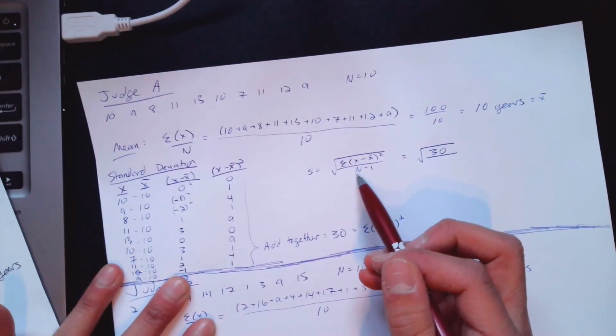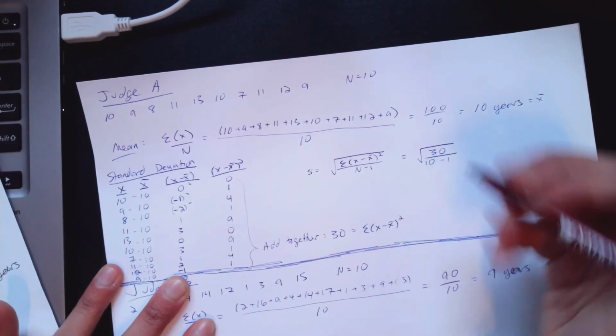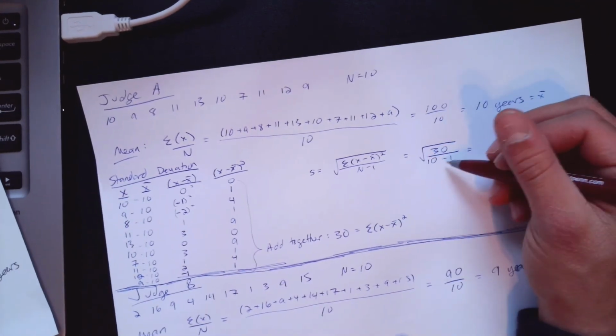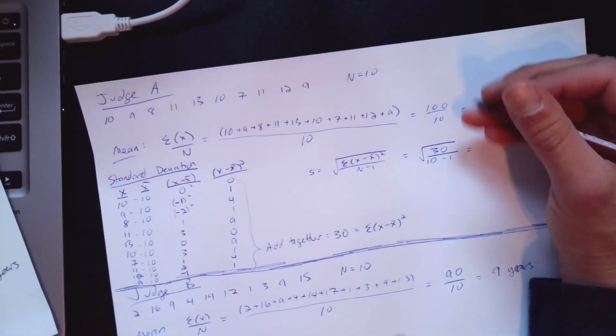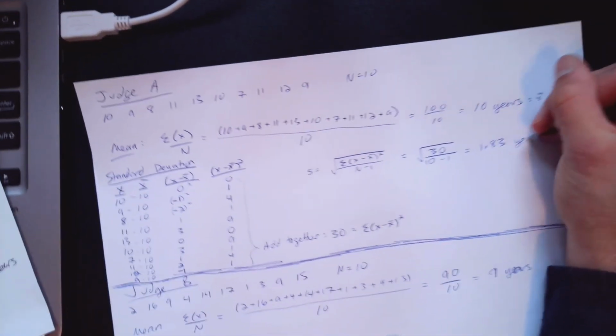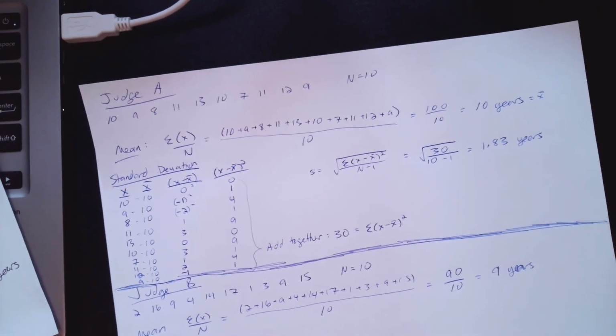We're going to plug in 10 for n because we have 10 observations, subtract by 1, and then we're just doing some math here. So if we do all this out and we take the square root of 30 divided by 10 minus 1, we're going to get 1.83 years. So the standard deviation for judge A is 1.83 years.